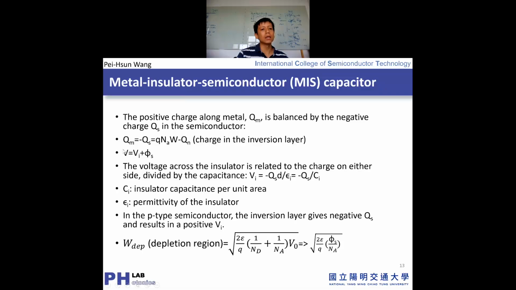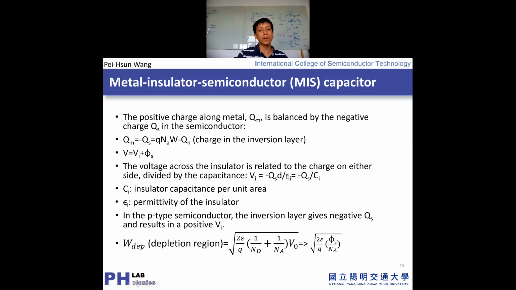Okay. And the voltage applied indicates the voltage across the insulator and the semiconductor region. So we have phi s plus Vi. And then we can evaluate the corresponding capacitance in the dielectric material. The voltage across the insulator indicates that the electric field is constant. The voltage across the insulator equals the total charge times the distance, Qs d over epsilon.